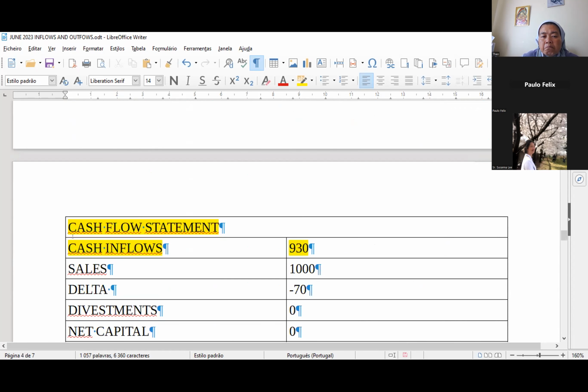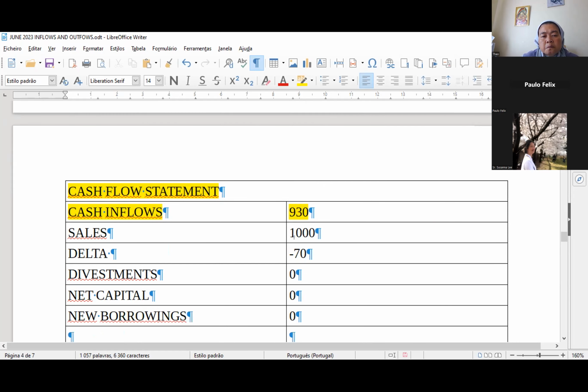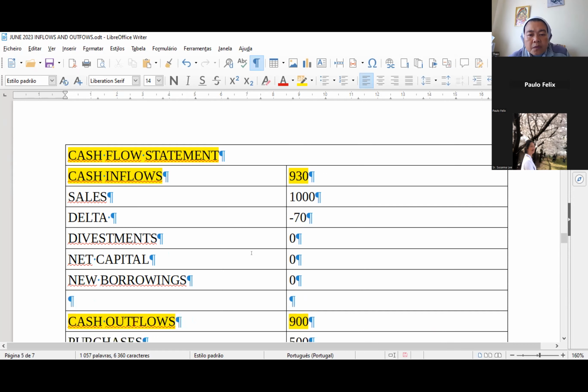Then also how the cash flow statement follows in this way. Cash flow is equal to 930. This should be 1,000 runs, just simple runs. Imagine that you had sales of 1,000 runs, and you had an expense of 70, so you remain with 930 runs.